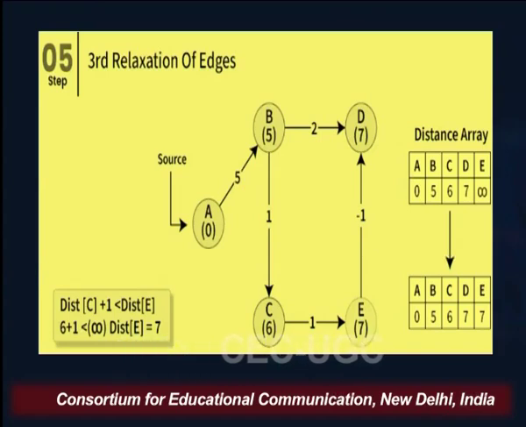Now, if you can see, the distance array has been updated completely. For A it was 0 initially also, but for B, C, D and E at the initial step it was infinity for all, but after the third iteration of the relaxation procedure, we have B, C, D and E being updated to 5, 6, 7 and 7 respectively.